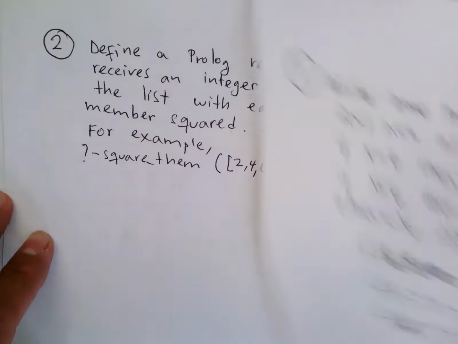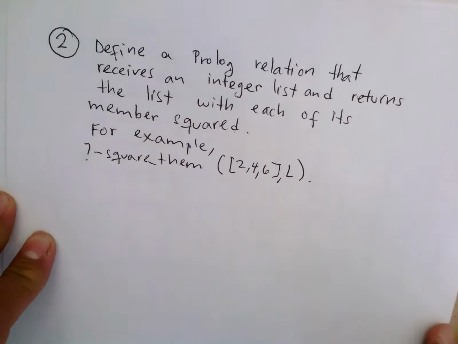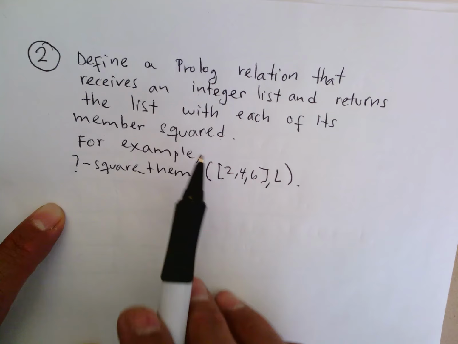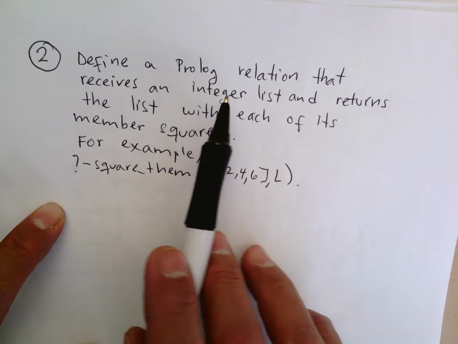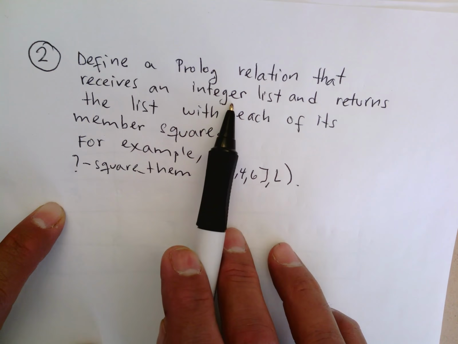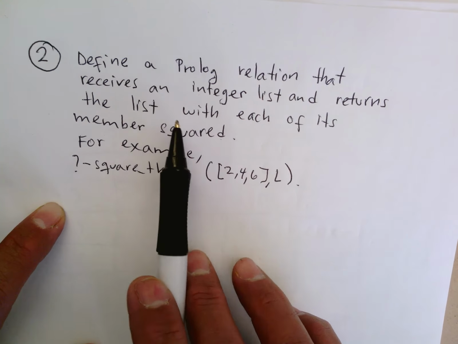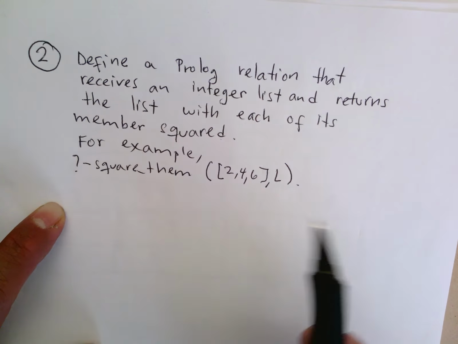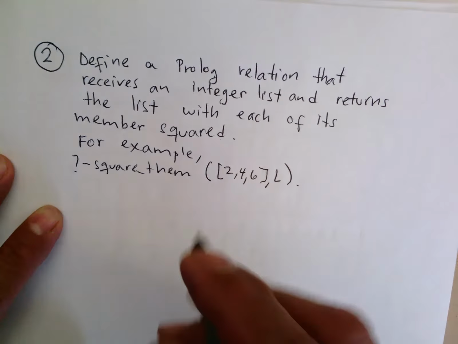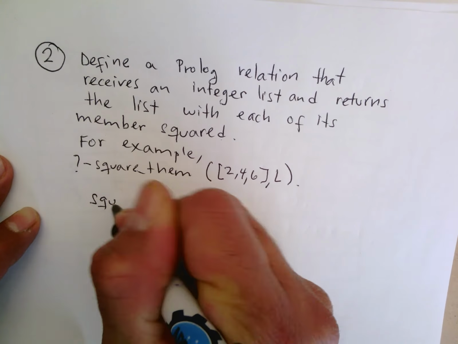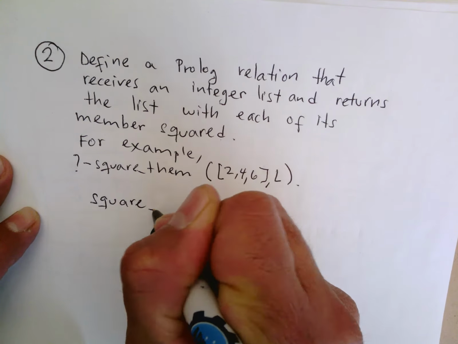Let's go to the second exercise. On this second exercise, it says that this Prolog relation receives a list of integers and returns a list of integers, but now each one of those is a square. So let's say the cases, in case square them.